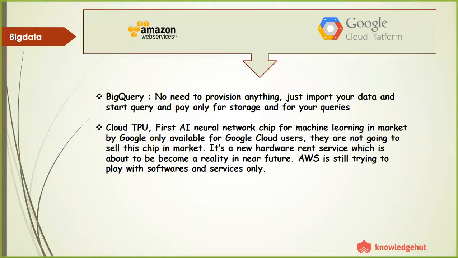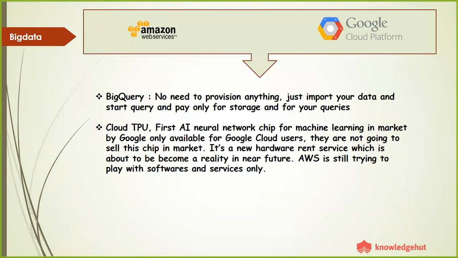Cloud TPU. This is a new kind of hardware chip which Google has invented recently. This is the first artificial intelligence neural network chip for machine learning in the market by Google, only available for Google Cloud users. They are not going to sell this chip in the market. They have promised that.